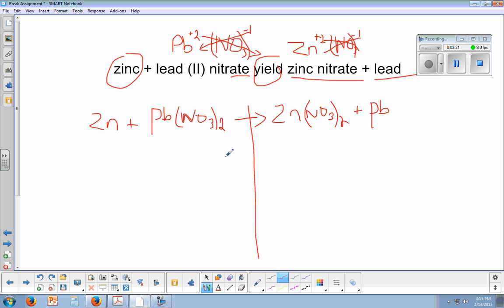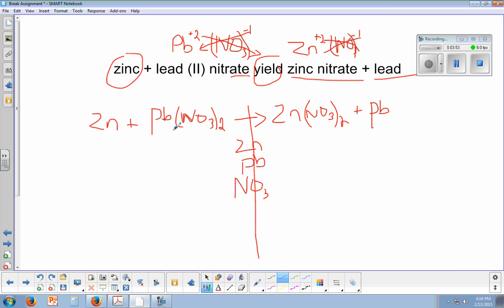So when I split it here, we have Zn, we have Pb, and in this case, since we have a polyatomic ion, we can keep it together, or we can separate the N from the O. So I'm going to keep it together to make it a little bit easier.